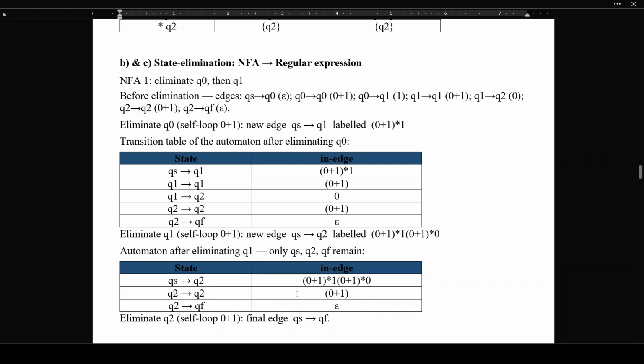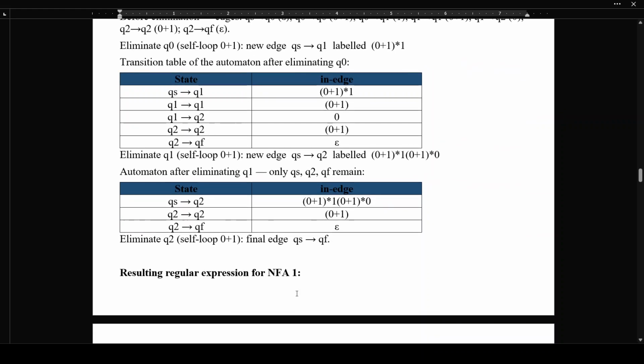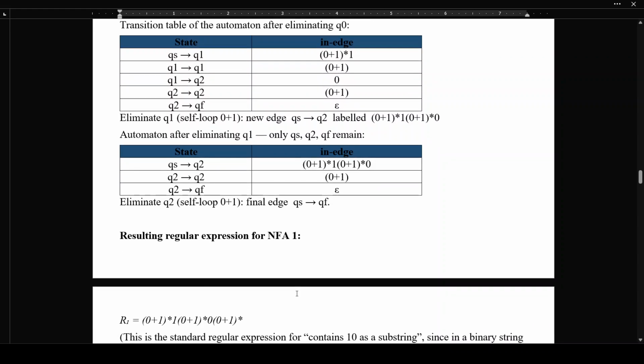The new edge links q_s to q2, labeled (0+1)*1(0+1)*0. The automaton after eliminating q1 has only q_s, q2, and q_f remaining. Upon all our deductions, we took away q1, and what was left was q_s, q2, and then q2, q_f.